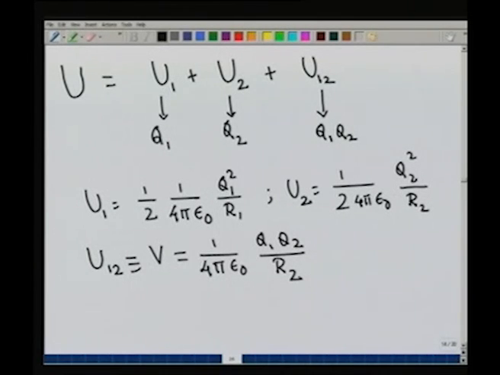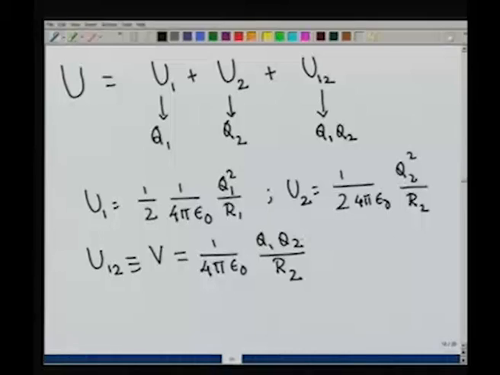So in one shot, we have been able to determine the energy required to assemble a certain charge Q1 on the surface of a sphere of radius R1. Then I ask, what is the energy required to assemble another charge Q2 on the surface of a sphere of radius R2? They are two independent problems, and we have U1 and U2.